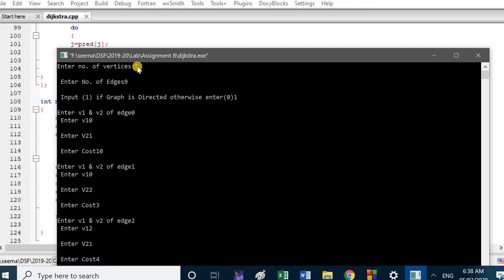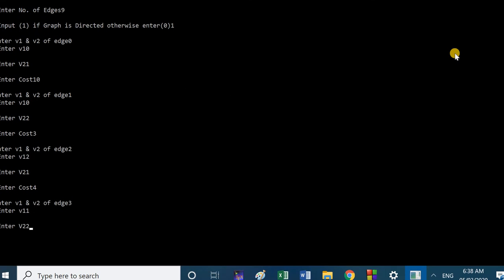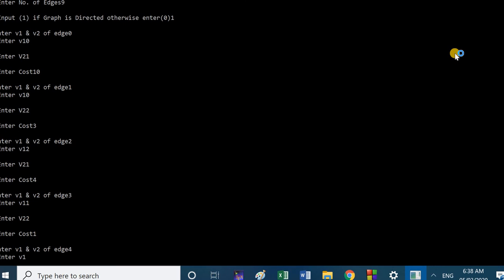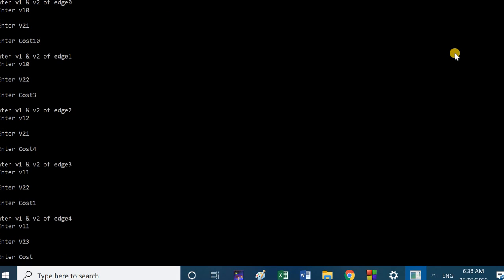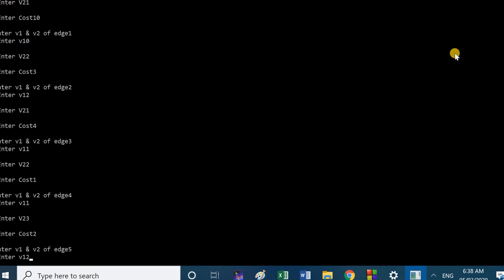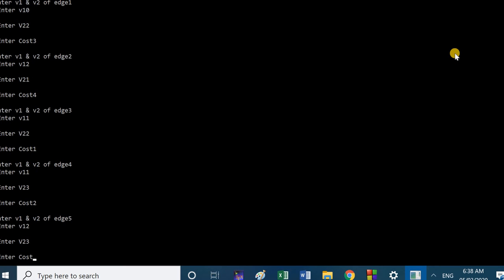Then 1, 2 with the cost as 1. Then the next edge is 1, 3 with the cost as 2. Then 2, 3 with the cost of 8.